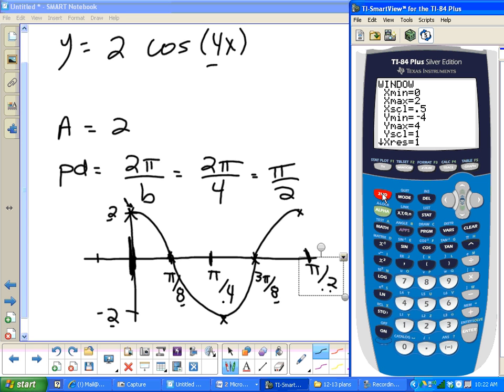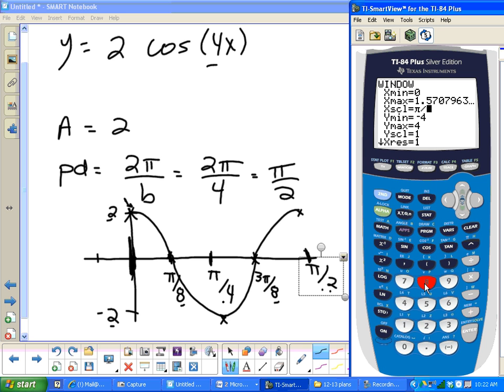When you push it in, it's going to change it to a decimal, okay? That's no big deal. So if we hit pi over 2 and then hit enter, it switches it to the decimal form, which was 1.57. Now, the x scale, yours is probably set at 1, okay? Now, the x scale is, what are we counting the x units by, which is usually 1. But in this case, we're counting by what on our graph? Pi over 8, okay?